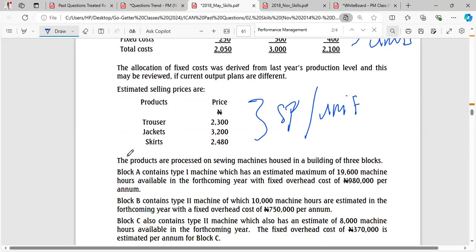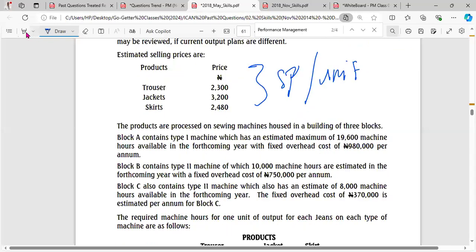Okay. Now the products are processed on sewing machines housed in a building of 3 blocks.